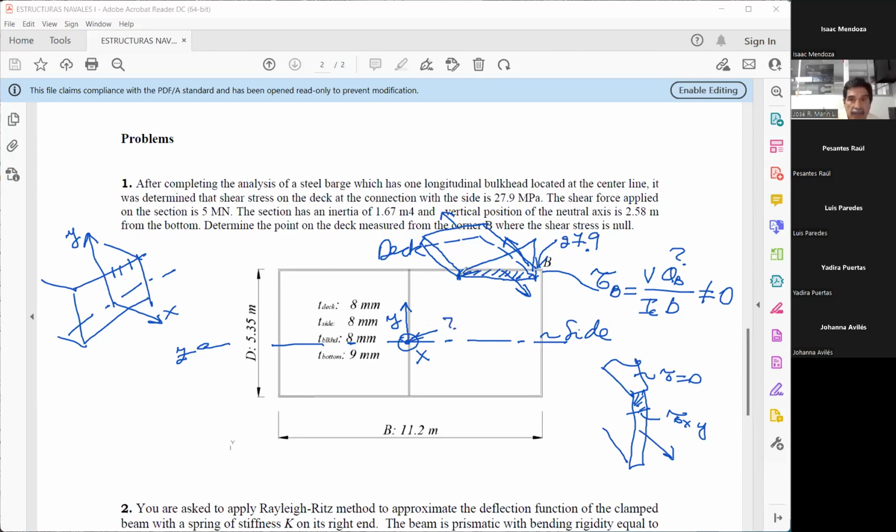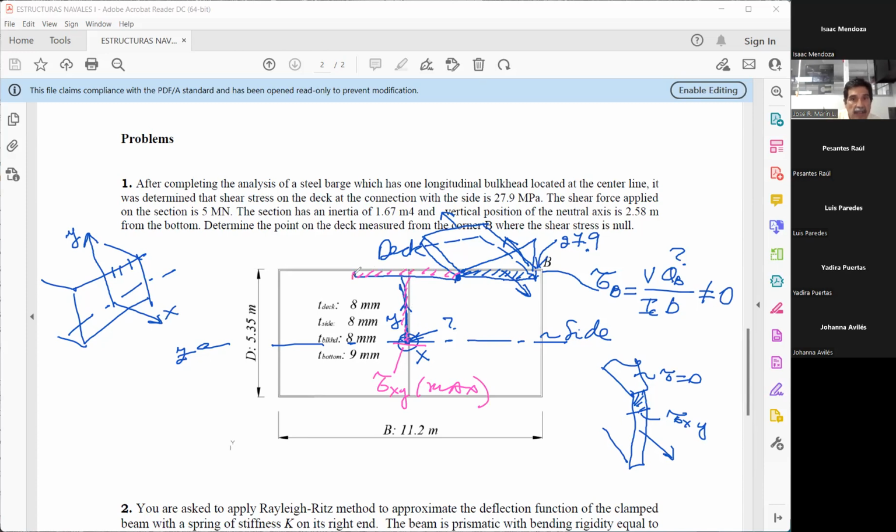Now, I know that the shear stress here is 0. By symmetry, shear stress 0 is here. So this is now my sector. Let me change color for the second part. So I cut here, where I know that the value is max, and I consider all of this area.